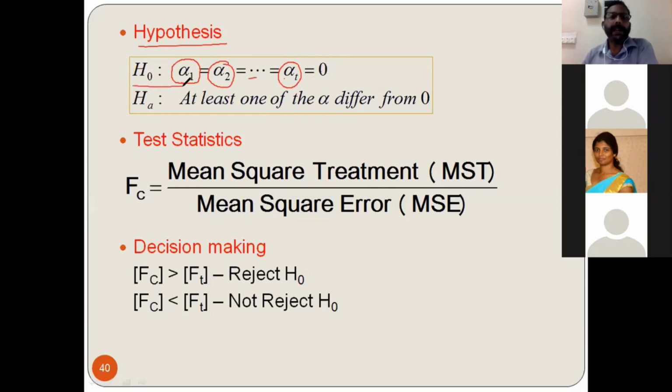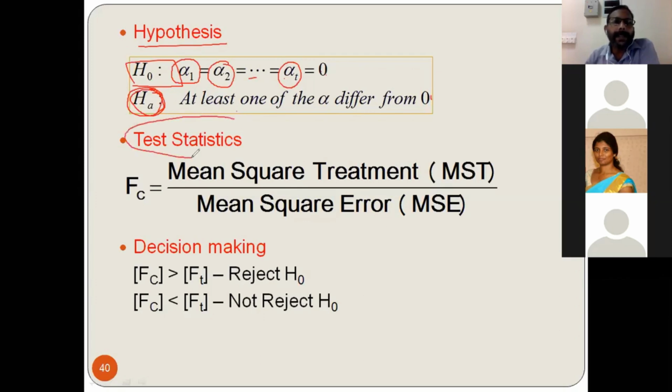So that is our null hypothesis. What is the alternative hypothesis? At least one of the alpha differs from 0. At least, right? So if it is so, then we accept our alternative hypothesis.